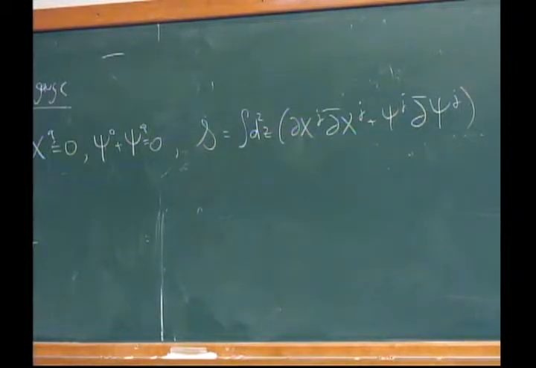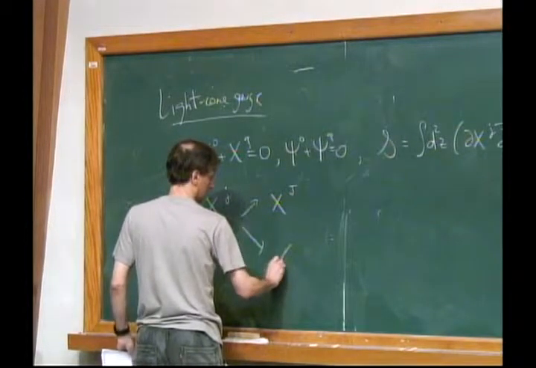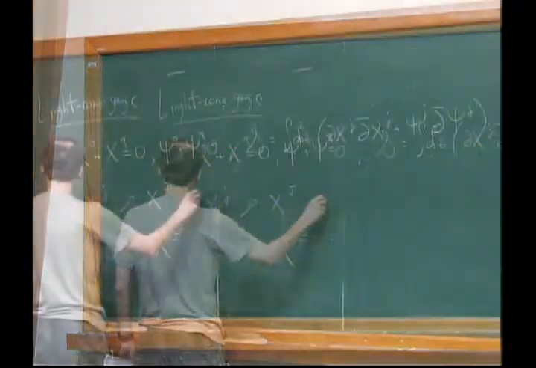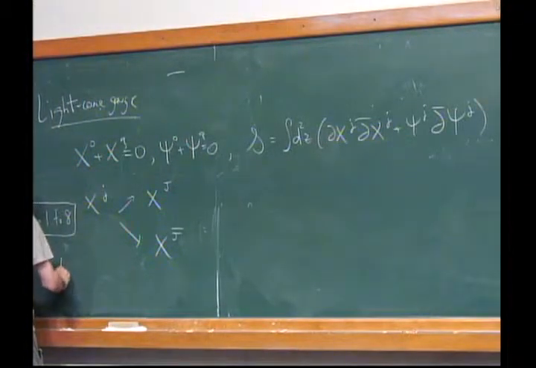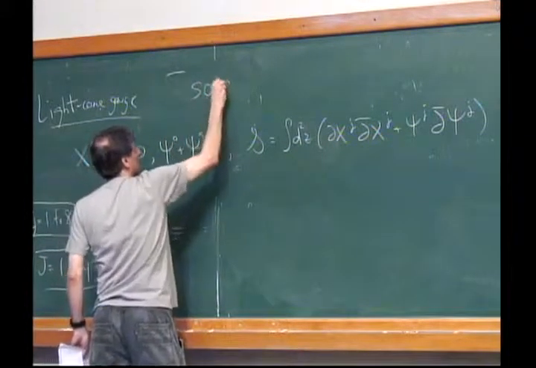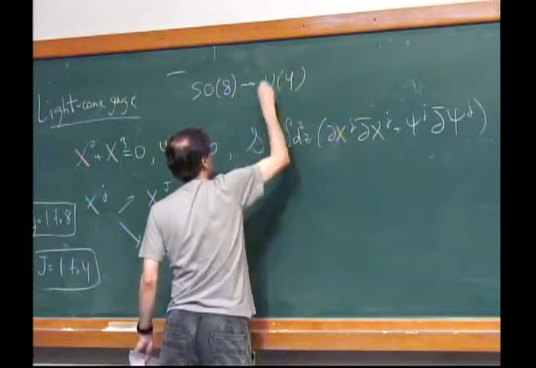And now we can do something interesting. We're going to split x up into a 4 and a 4 bar of SU4. So j is 1 to 4. And we're going to break SO8 down to U4, or let's say SU4.